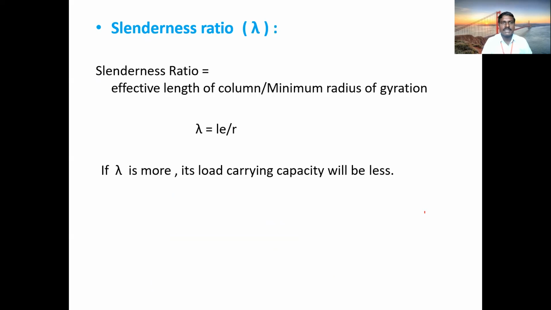That we will see in detail in the next lecture, and then we will see the design strength of the compression member, and how to calculate it and solve examples based on this. That we will see in the next lecture.